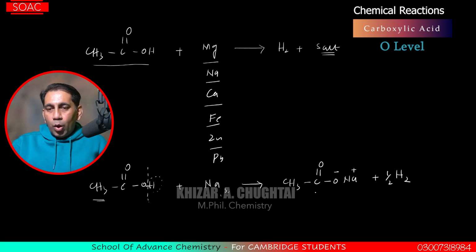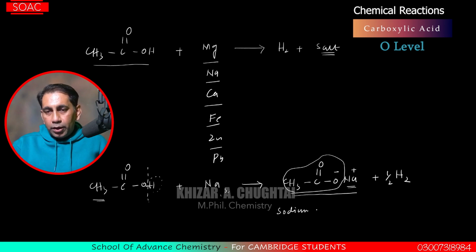Yes, it is true. What is the name of this salt? This salt name is very much pretty similar as that of the name of an ester. First of all, I'm going to write the name of this one component, that is a metallic ion. I'm going to write sodium. So the first name will be the name of metal. Then, how many carbons are there in this portion? 2 carbons are lying over here. 2 carbon names start from eth, carbon-carbon single bond, ane, and then we add oate.